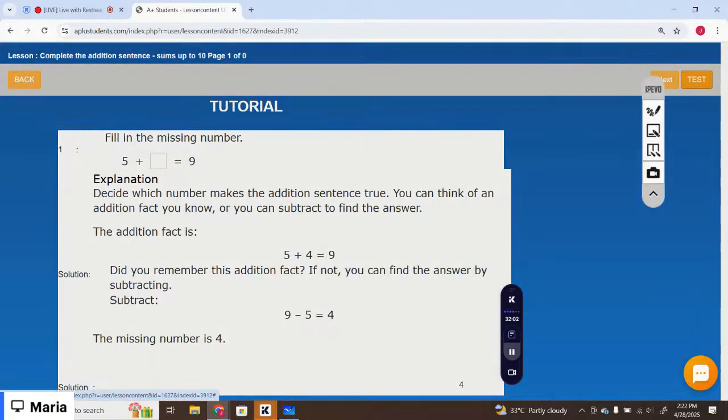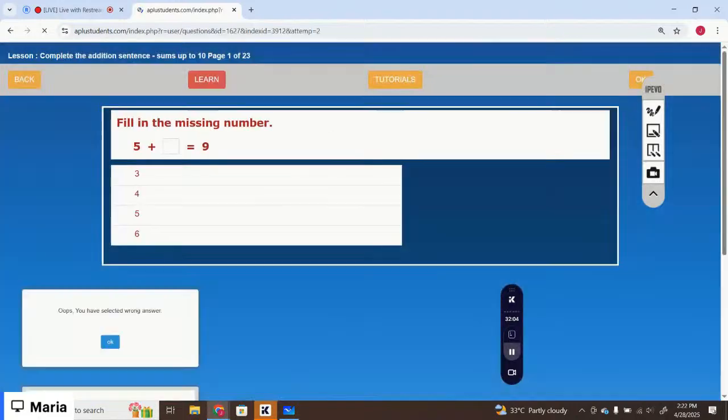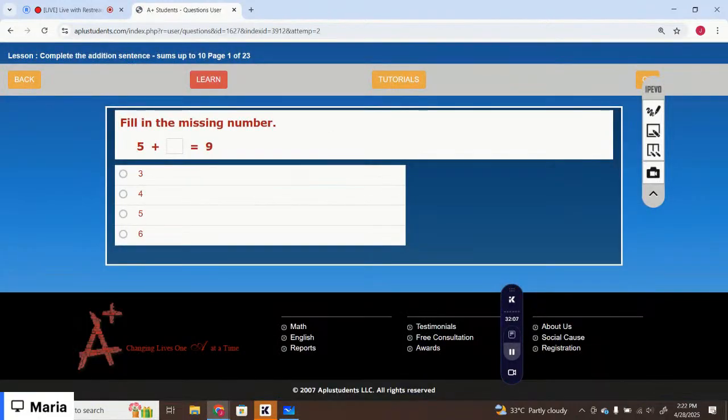Let's start with the test questions. Fill in the missing number. 5 plus what number equals 9? That's the one we just did in the tutorial.